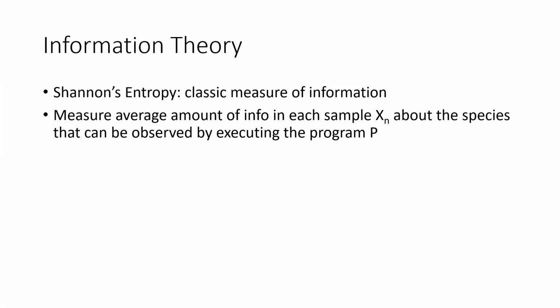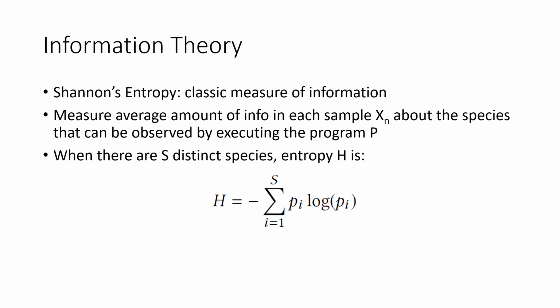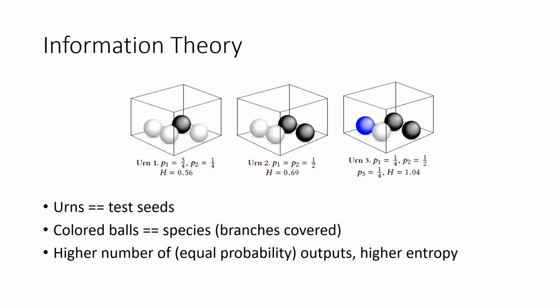It measures the average amount of information in each sample, in each input, about the species that can be observed by executing the program P. When there are S distinct species, then use this formula for the entropy H.